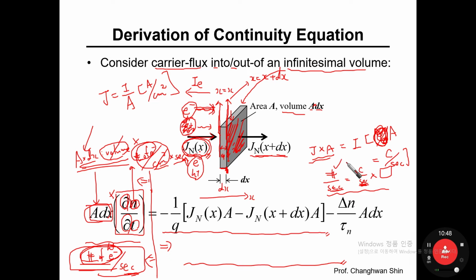Now the number of carriers, but here the charge. In this scale, we need a number of carriers divided by coulomb. What is this? Number per coulomb. No, sorry, coulomb per number.